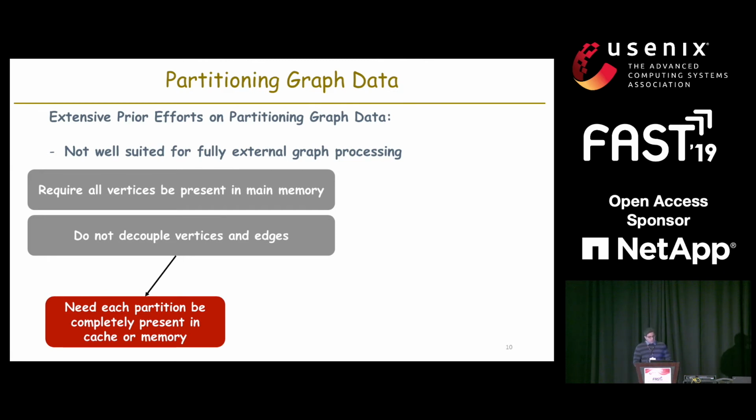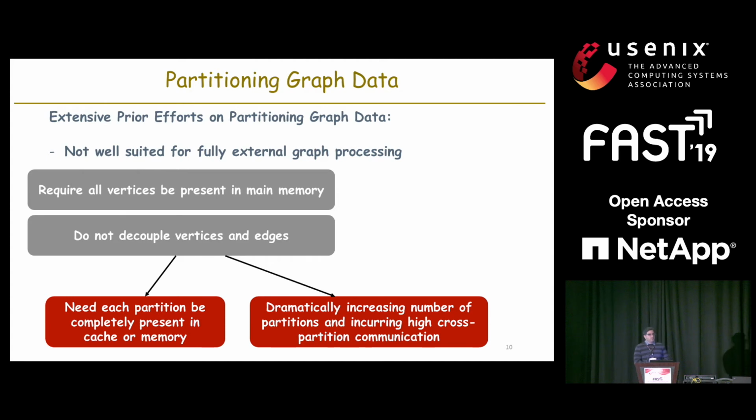Because of the limited size of cache or main memory, sometimes the number of partitions can dramatically increase, which in turn can cause high overheads for cross-partition communication and/or replication.